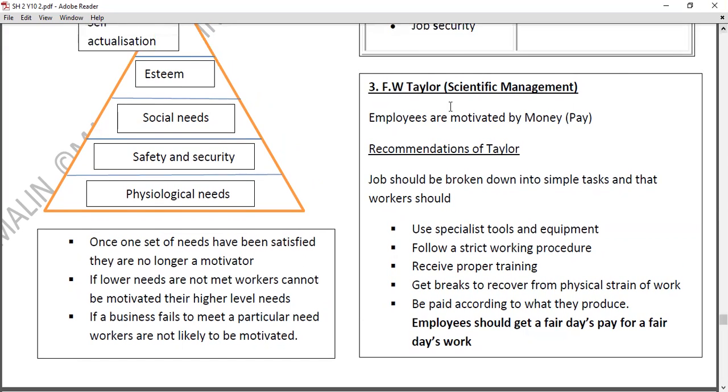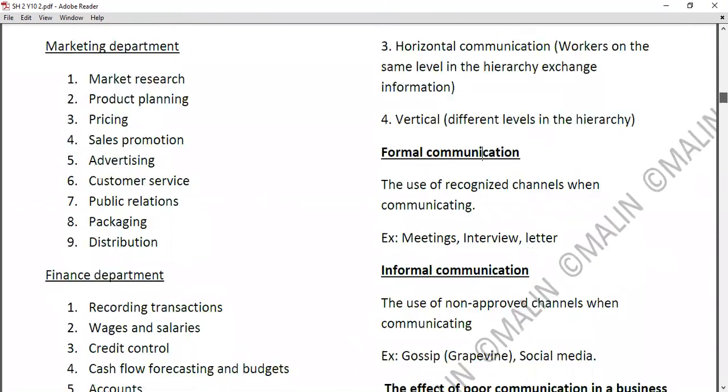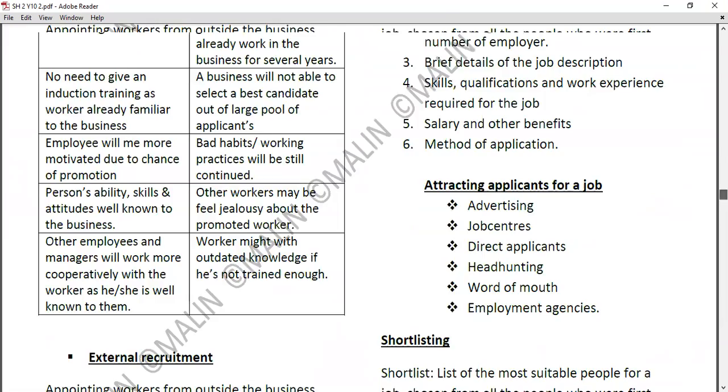And the third point says if a business fails to meet a particular need, workers are not likely to be motivated. As a result, you must identify the levels.